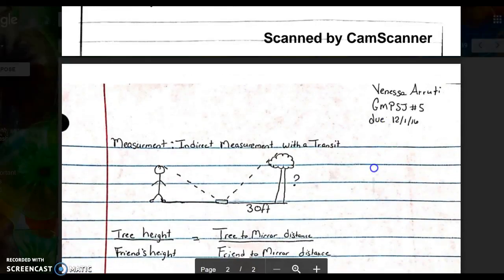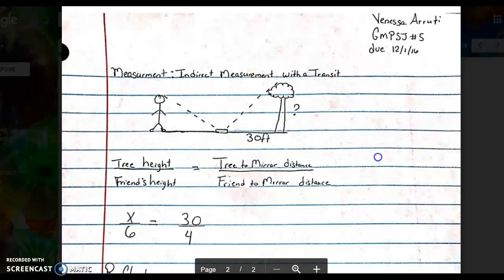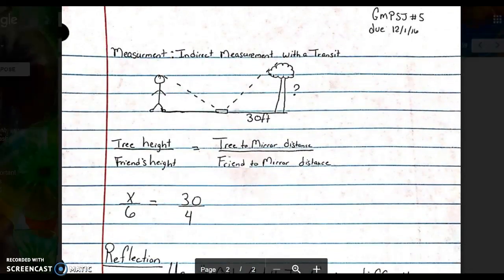And then for my measurement part of this journal, I did indirect measurement with transit, and so we had, again, triangles, similar figures, but this time we're using indirect measurement for proportionality.